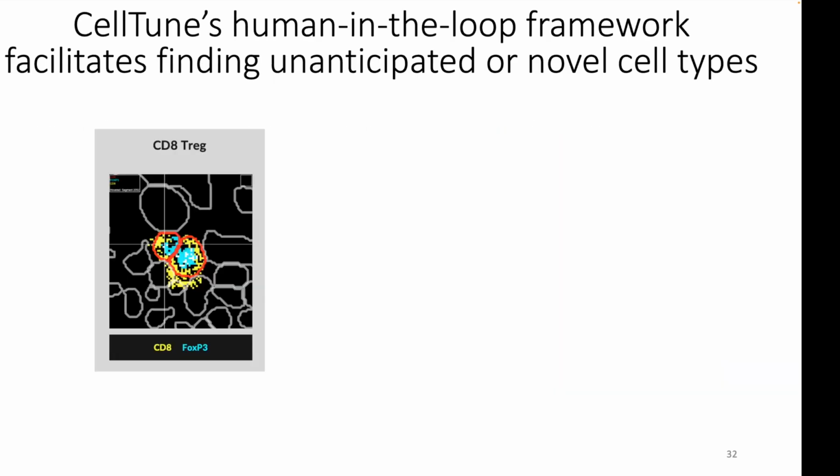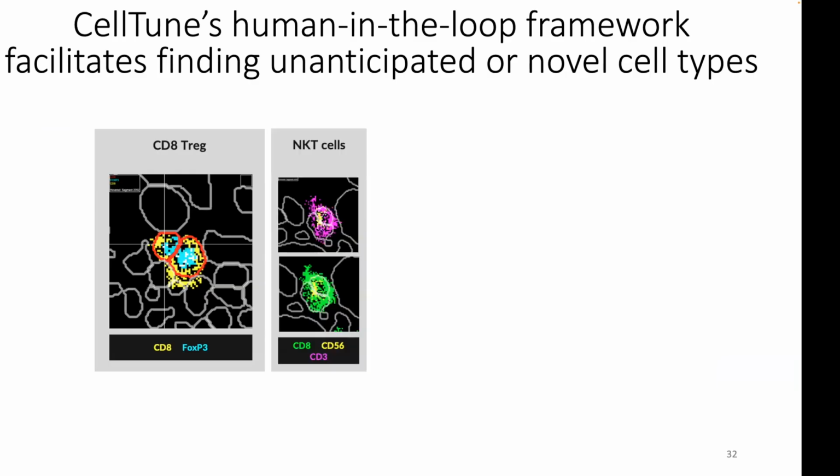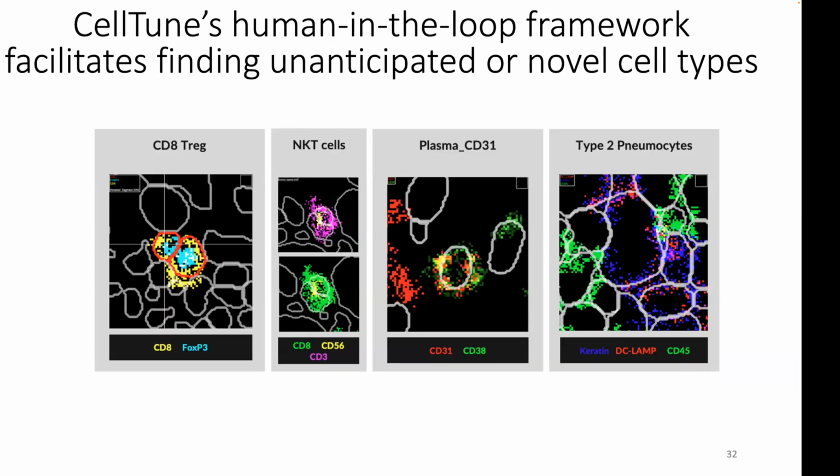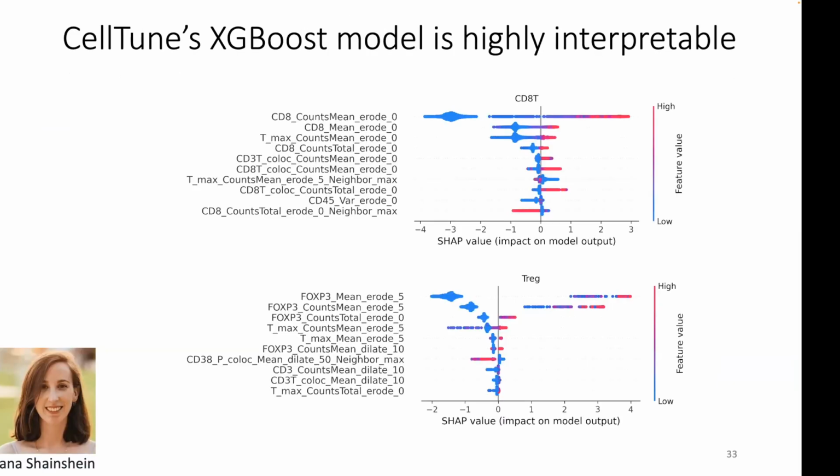And we have some cell types that were unanticipated, which come up very fast when we're doing this human in the loop approach, because they actually see the data. So we see cells like CD8 Tregs, which we weren't expecting, and in this case, she didn't put NKT cells into the initial list. So you see different combinations of markers that you weren't expecting very fast when you're doing this.